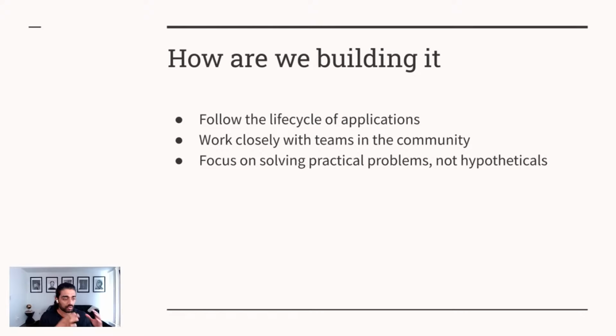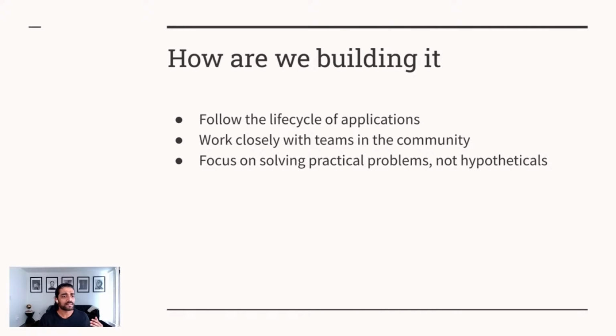And the way we figure out the urgency behind some of what we need to work on is this whole idea of us being in Slack every single day, working very closely with teams that are in the community. We heard from a bunch of them today, and we're both proud and really glad that we've had a chance to work with them.